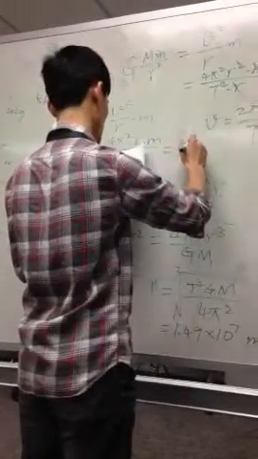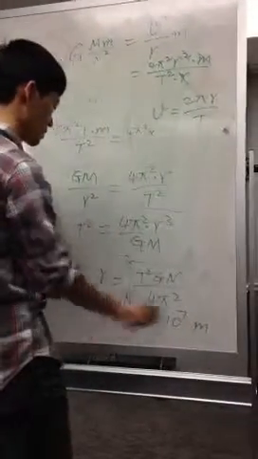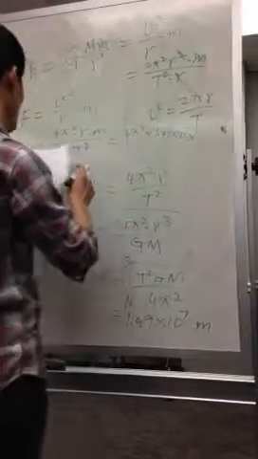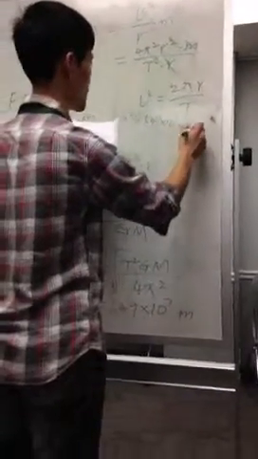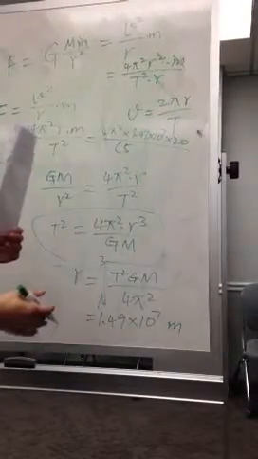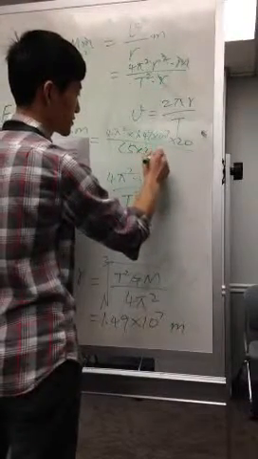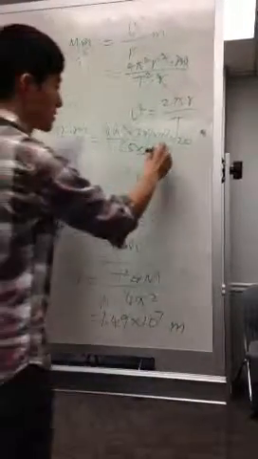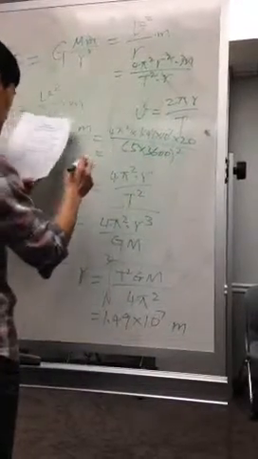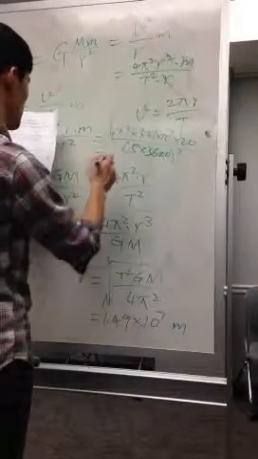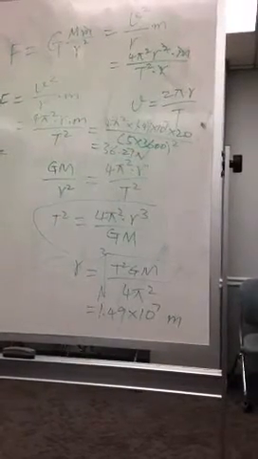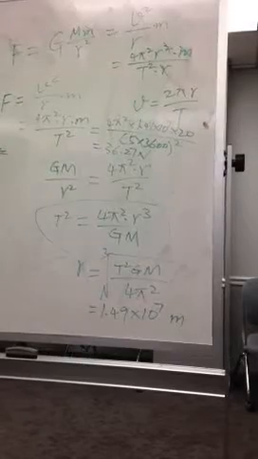So 4 pi squared, the R we just got 1.49 times 10 to the 7th, and the mass for the satellite is 20. T is 5 hours, but remember to convert into seconds: 5 times 3,600, squared. Okay, so you can use your calculator. In the end, you will get 36.27 Newton. So the answer will be C.